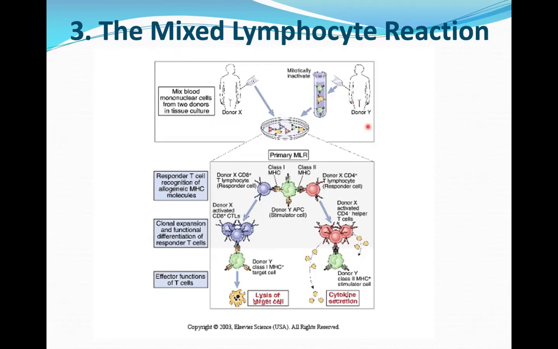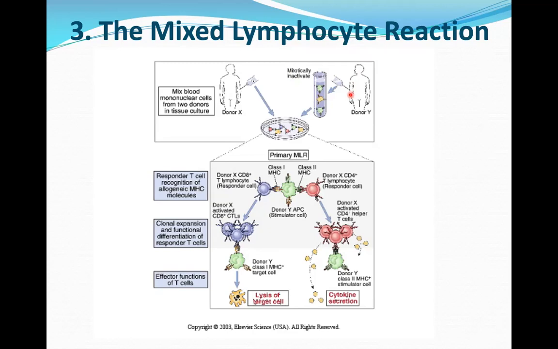In this type of experiment, what you are looking at is the activity of the cells from donor X to react to the HLA on these cells of donor Y, right? And so essentially, you are making the cells of donor Y a target. You don't want it to be reactive in terms of making cytokines or proliferating.